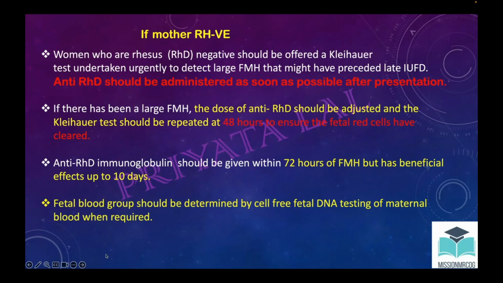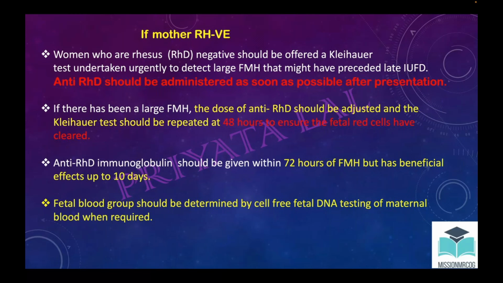Then if the mother is Rh negative, we already know from our anti-D guideline that IUFD is considered a sensitizing event. So whenever fetal death is there, anti-D is to be administered as soon as possible.